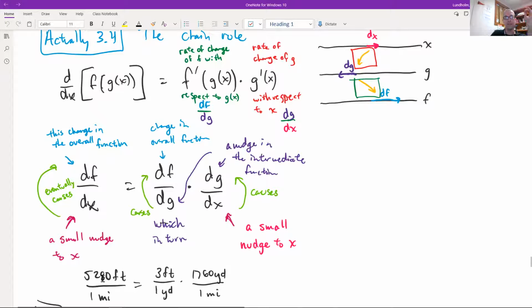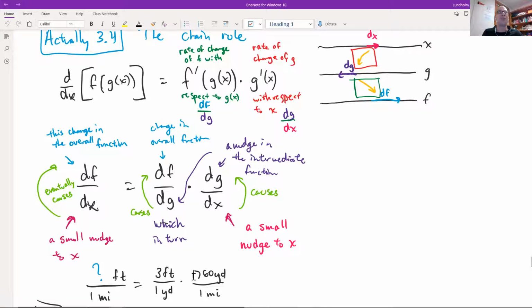And if all of this notation is just looking crazy right now, one of the things that I wrote down here at the bottom was kind of a conversion factor. If you wanted to think about this as kind of converting between units almost, one way to find out that there are 5,280 feet in a mile, let's pretend that we don't know that for a second. We're wondering, how many feet are in a mile?